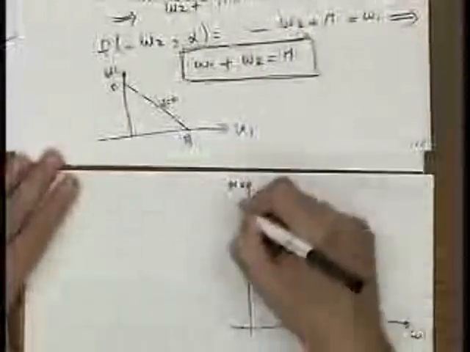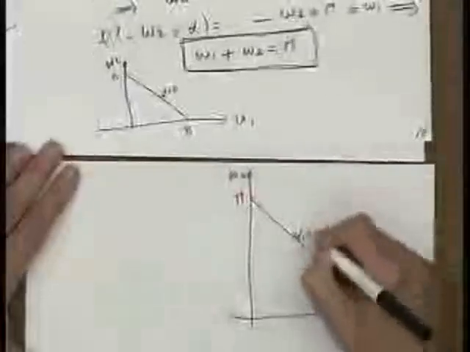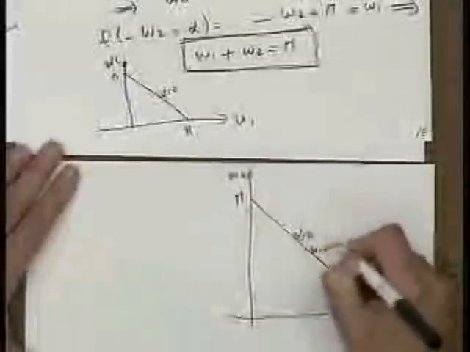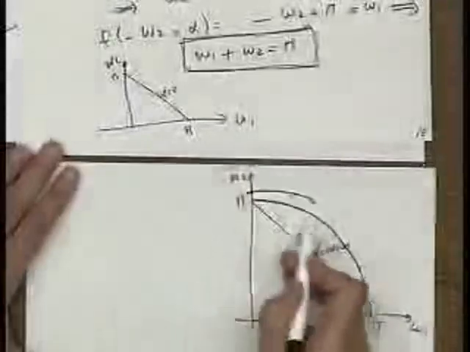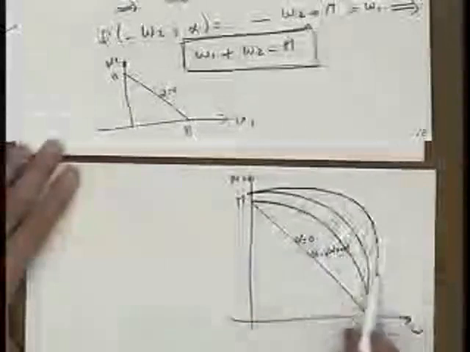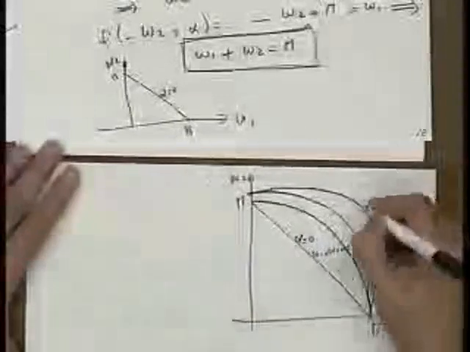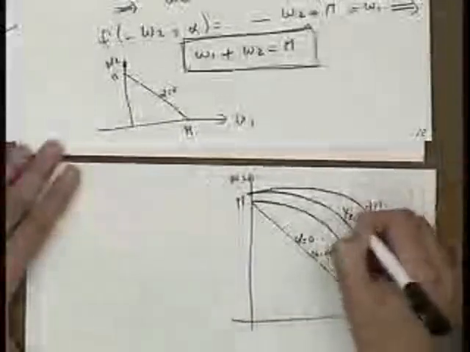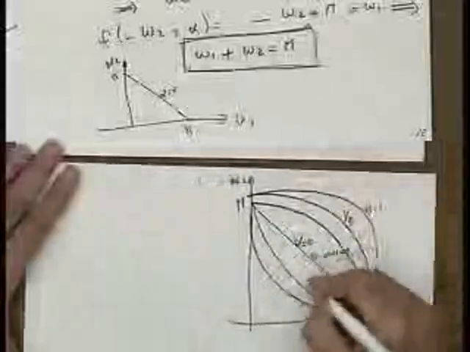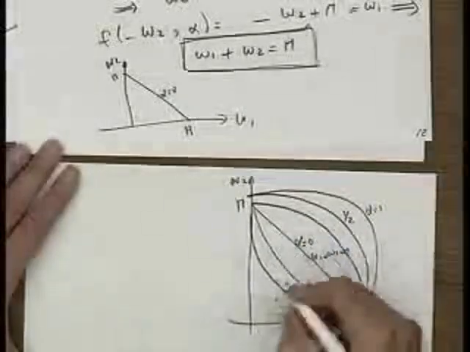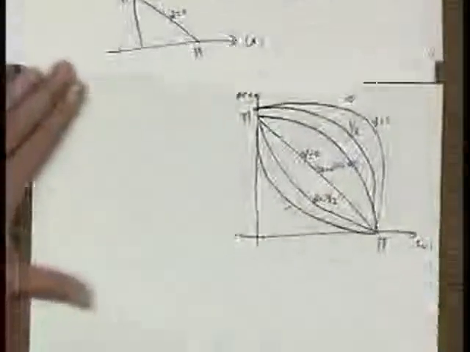Omega 1 plus omega 2 equals pi. So this is alpha equals 0. And it turns out that if alpha is not equal to 0, you get curves like this. So this is alpha equals 1, alpha equals 1/2. This is alpha equals minus 1/2, alpha equals minus 1. Okay?